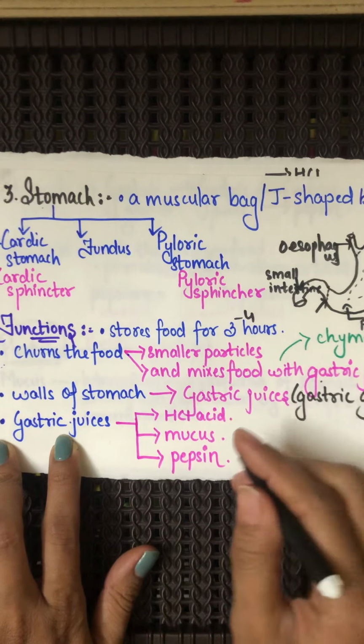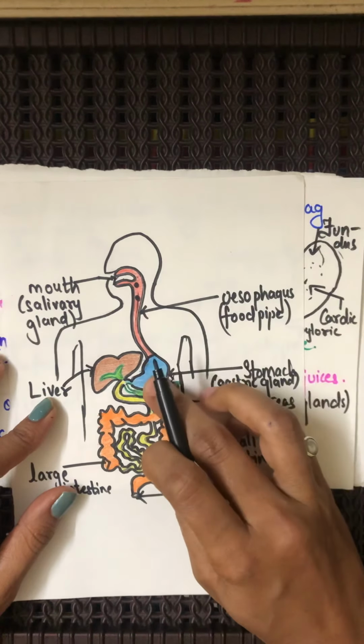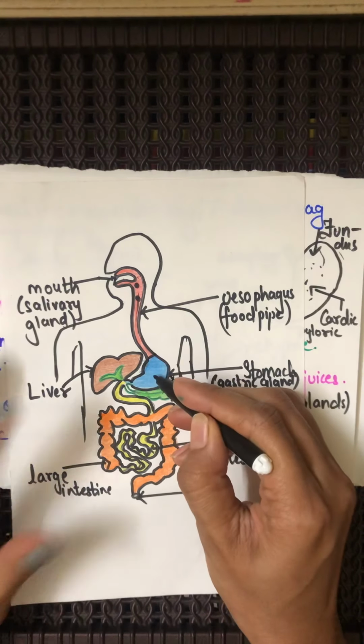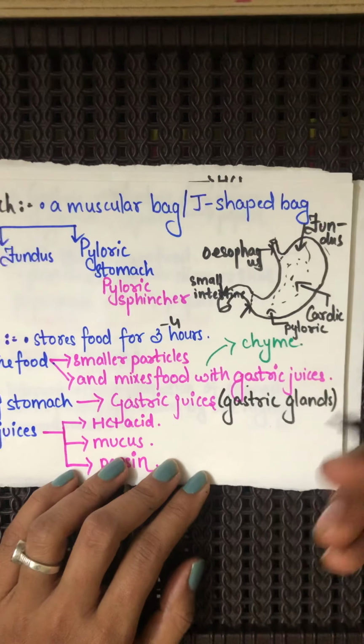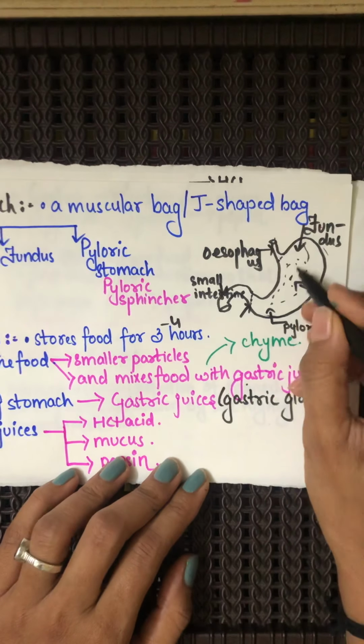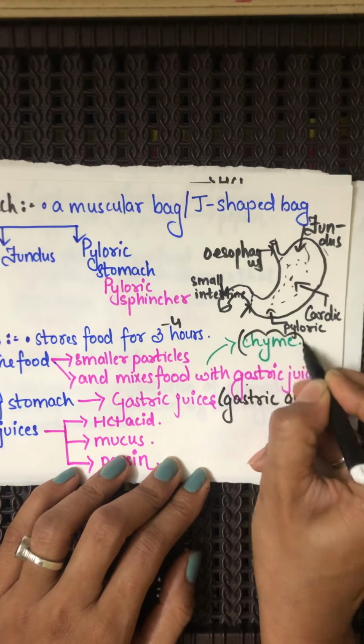Once the food mixes with the saliva in the mouth and forms a bolus, that is a ball of food which will move ahead, it is termed bolus. When this bolus comes to the stomach, it mixes with various juices, that is the gastric juices, and from then on it is termed chyme.